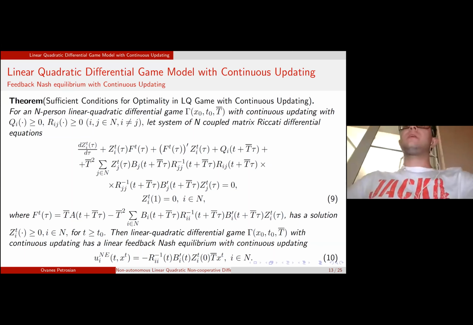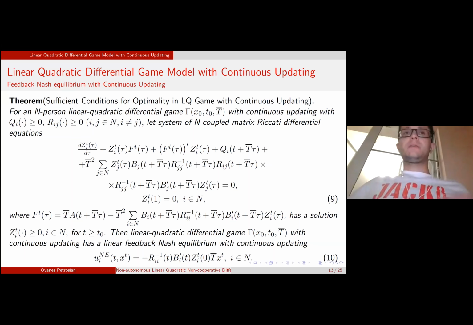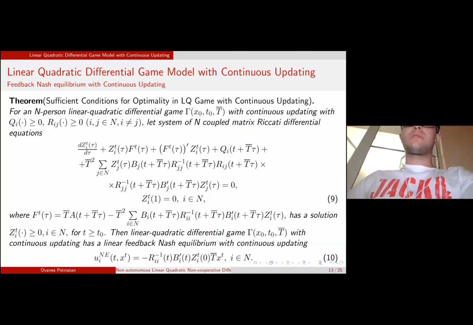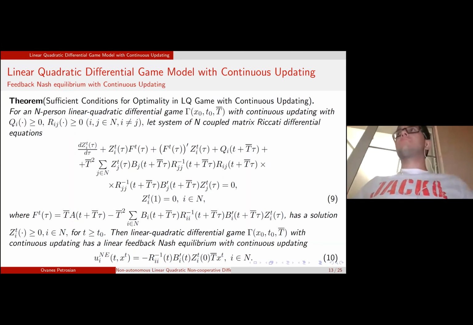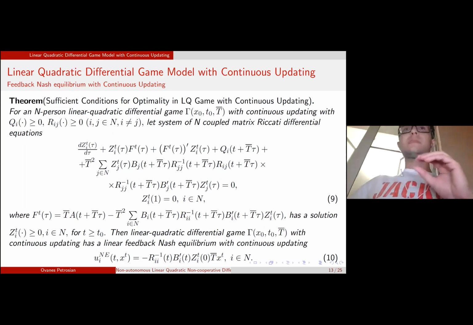Yes, it's very clear. My work is only the beginning for the class of games with continuous updating. So the model could be understood as a simple one.